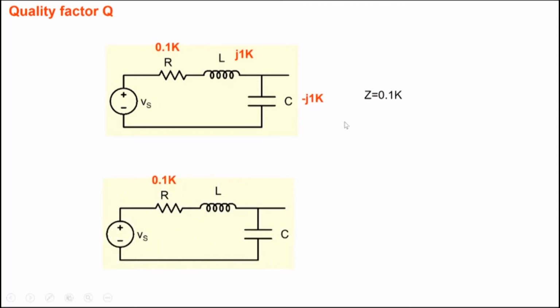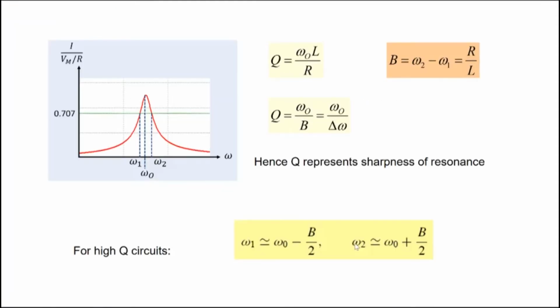Okay, so these are a summary of what quality factor is, and what the implications of high values of Q are. Right, so Q equal to omega naught L by R. Q is also omega naught by del omega, the bandwidth here.